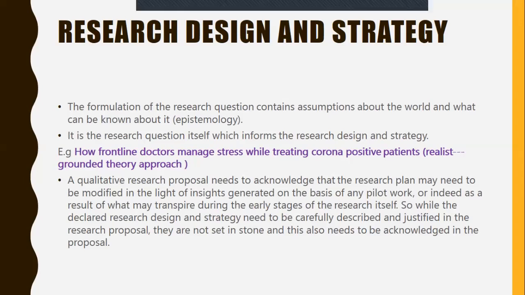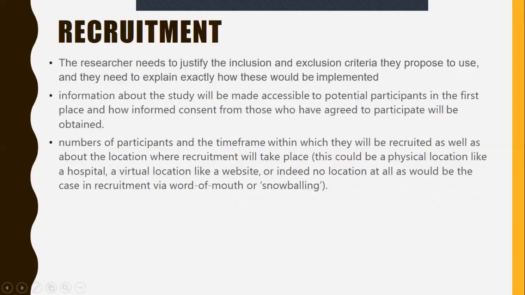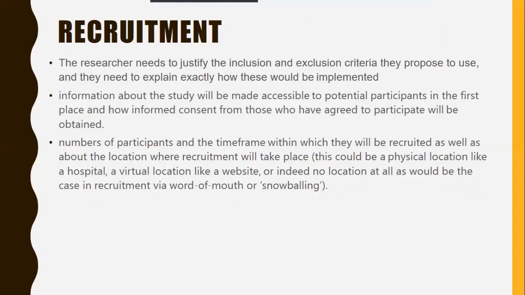So formulating research design and identifying strategy of research can help you move towards the next step, which is recruitment. Recruitment basically is identifying one's sample of the research. Also, when you finalize what sample you want for your research, you have to be more specific about the sample demographics. For example, you need to identify the inclusion and exclusion criteria.